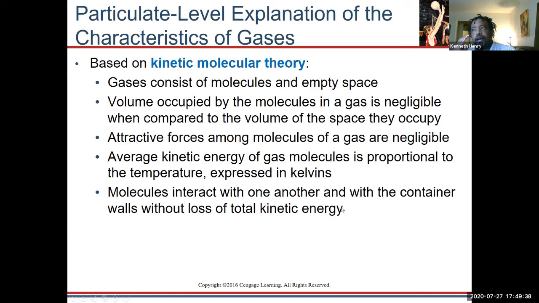So under ideal conditions, because things are going to be moving, you're going to neglect the fact that they may have charges or attractive forces with each other. Now that's going to be with the ideal gas law, right? There's another part of the law, the non-ideal gas law, which will take that into effect, which we want to talk about. And the other thing is, if I increase the temperature, what do you think is going to happen?